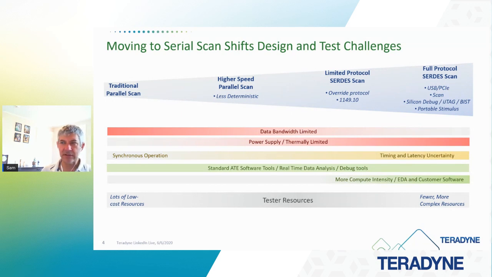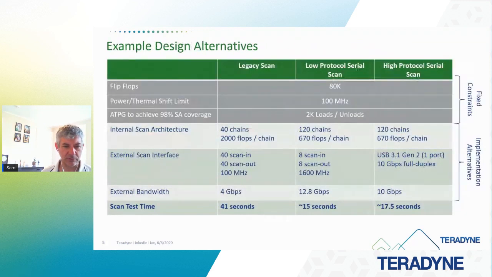And the ATE environment shifts from standard to highly customized. And so there's tighter integration between the EDA company and the tester platform that has to be done as you move. And in terms of tester resources, you move from using many low-cost general purpose resources to using a few simple resources.